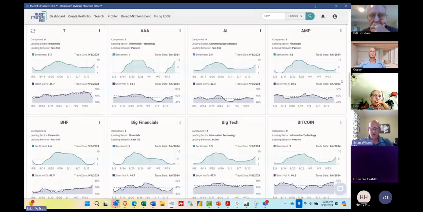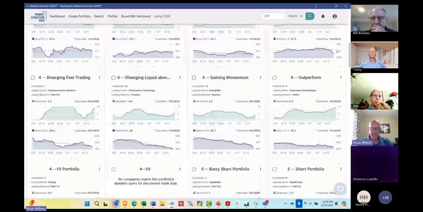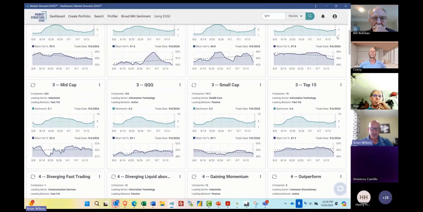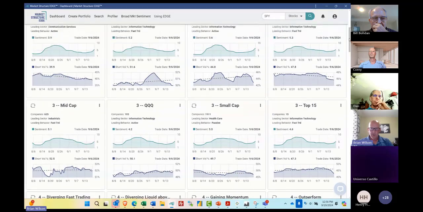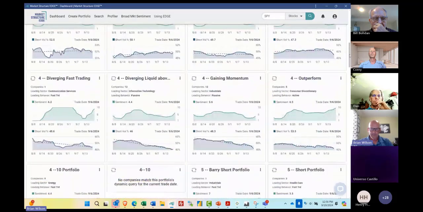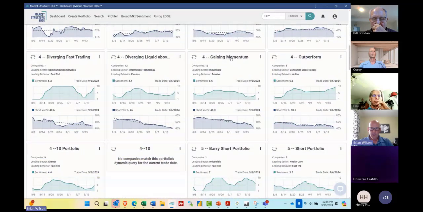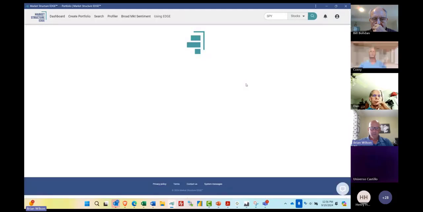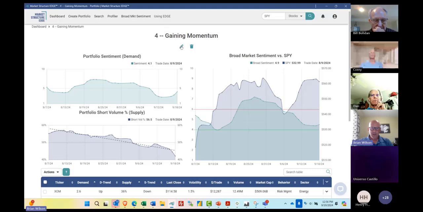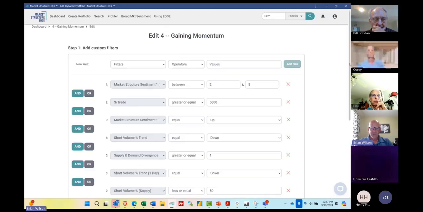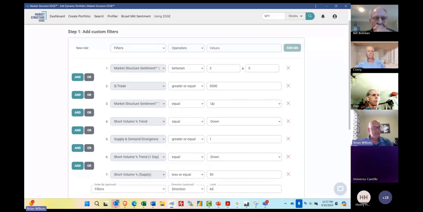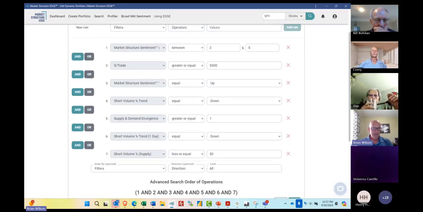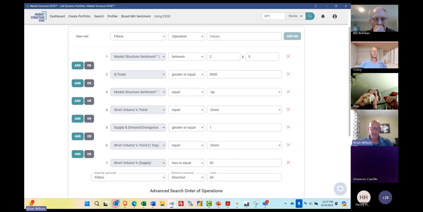For those who are interested in watching individual companies, I'm going to just show you something here if I can find it. So my gaining momentum portfolio, and I'll show you the criteria here. So this is if you're interested in more of picking up value plays, and I'll just let you take a screenshot if you're interested.